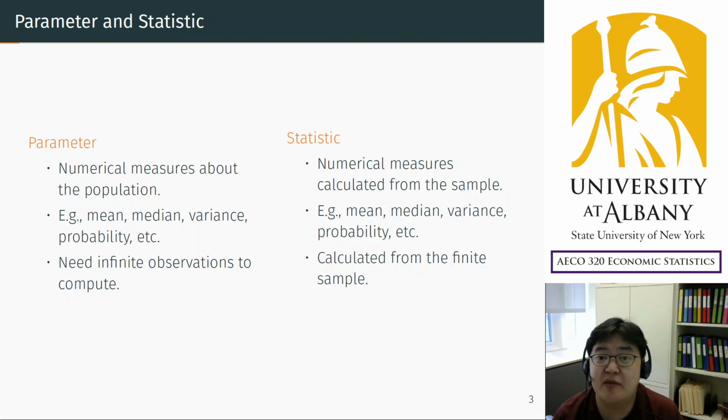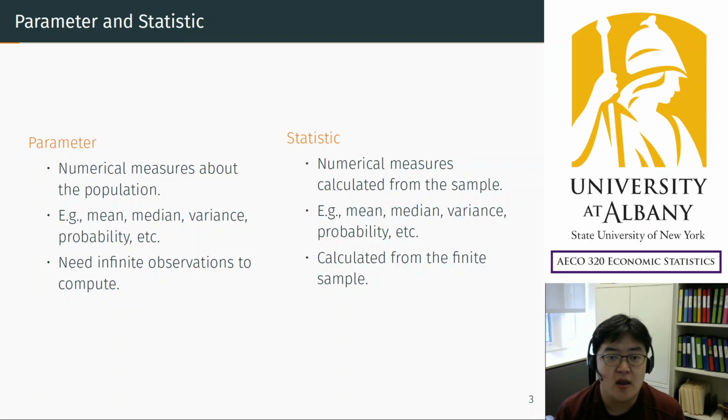In the previous chapter, we learned the sample average has its own expectation. So the average calculated from the sample is random, and it has its own parameter of mean.